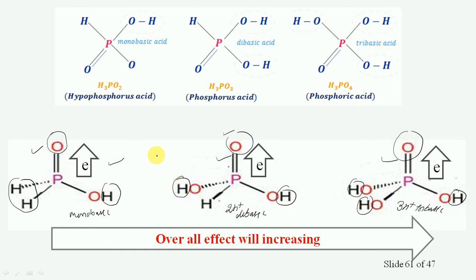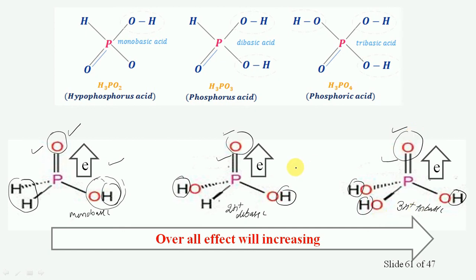So we can say that the oxygen that is playing the electron withdrawing inductive effect is lying on one OH group in this case, on 2 OH groups in this case, and on 3 OH groups in this case. So the overall effect is maximum in this case, so it is the strongest acid, and the least in this case, so it is the weakest acid.